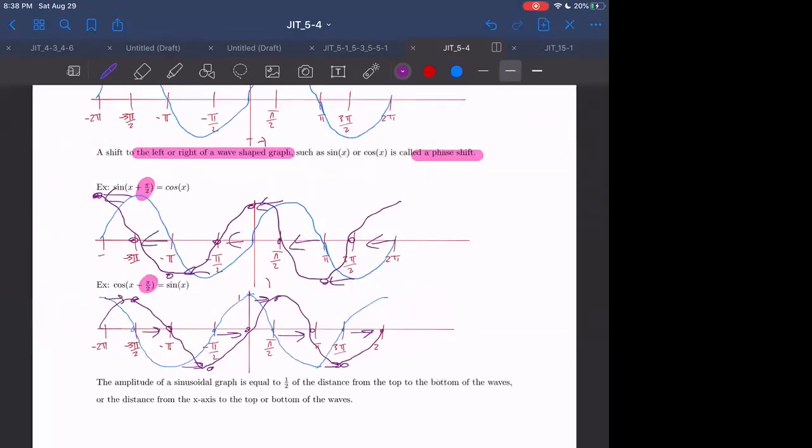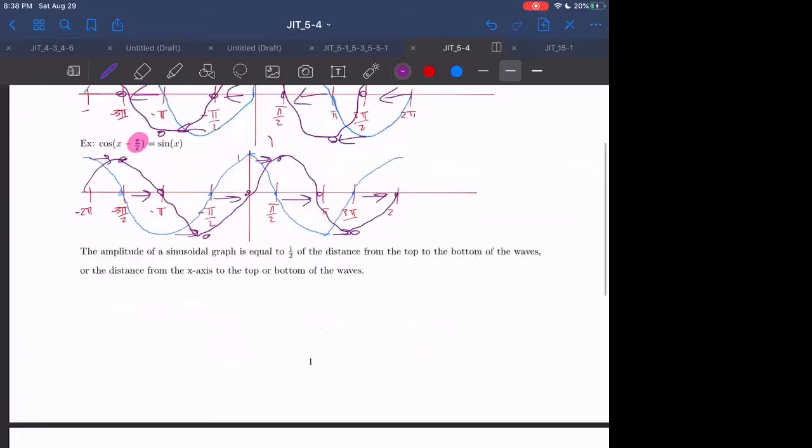Those are two special cases. You can shift either of these by whatever amount you want, and it's still a phase shift. Those are just some cool examples.